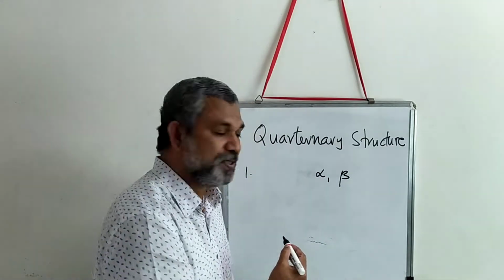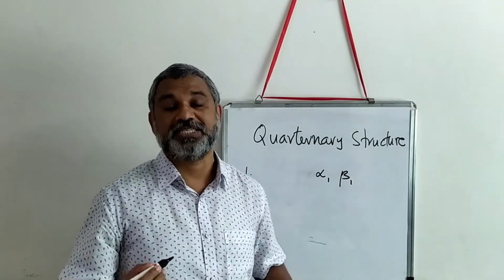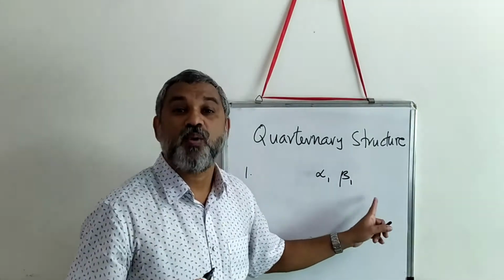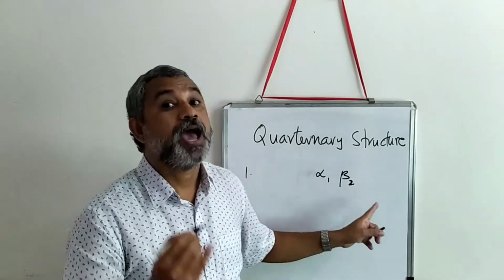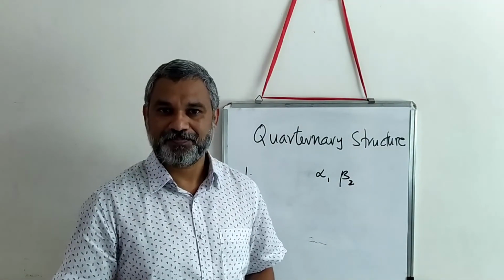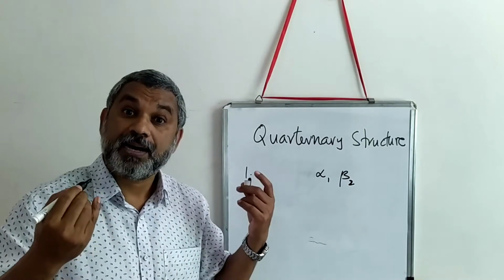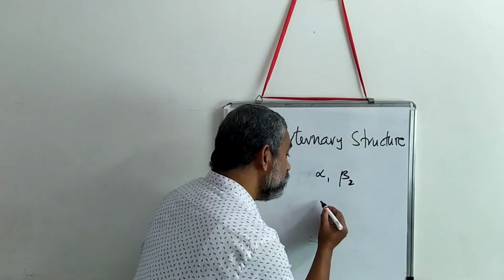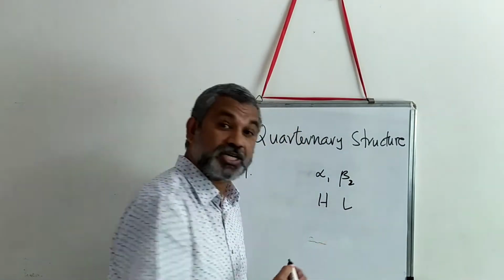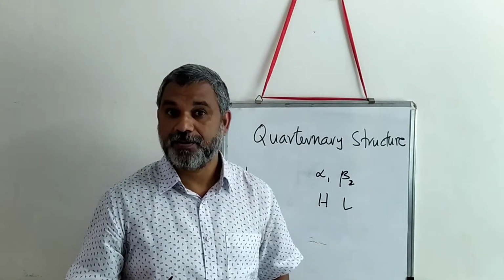Alpha1 beta1 means that there are two such subunits, one alpha subunit and one beta subunit. Beta2 means one alpha subunit and two beta subunits. Now there are also conventions where capital letters of English are used. You can use H, L, etc. You will see in antibodies, the heavy chain and the light chain.